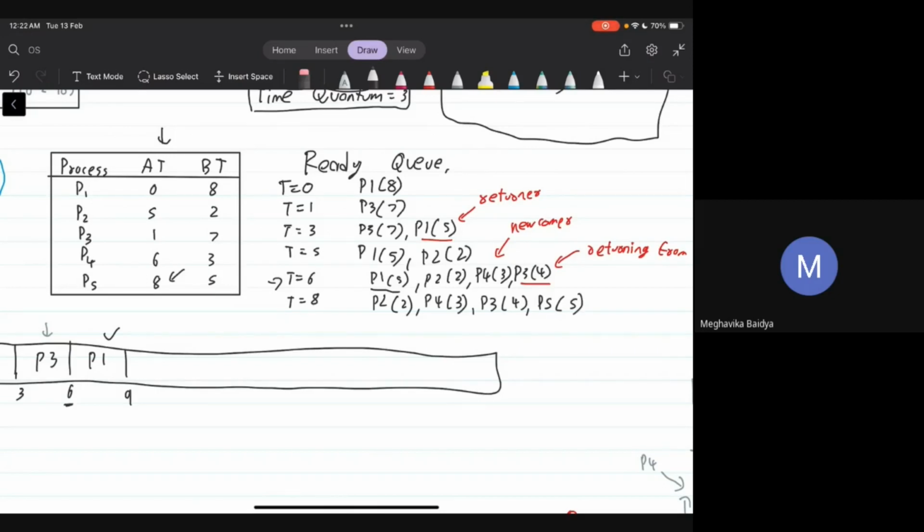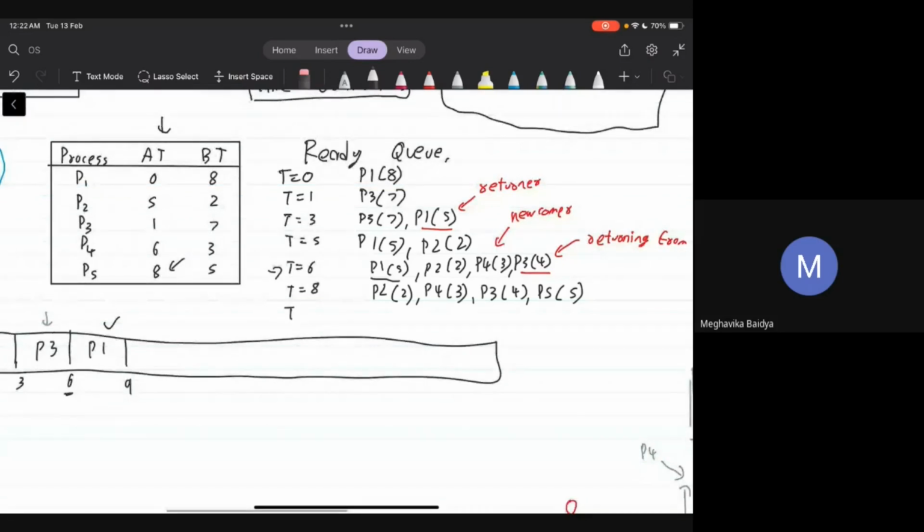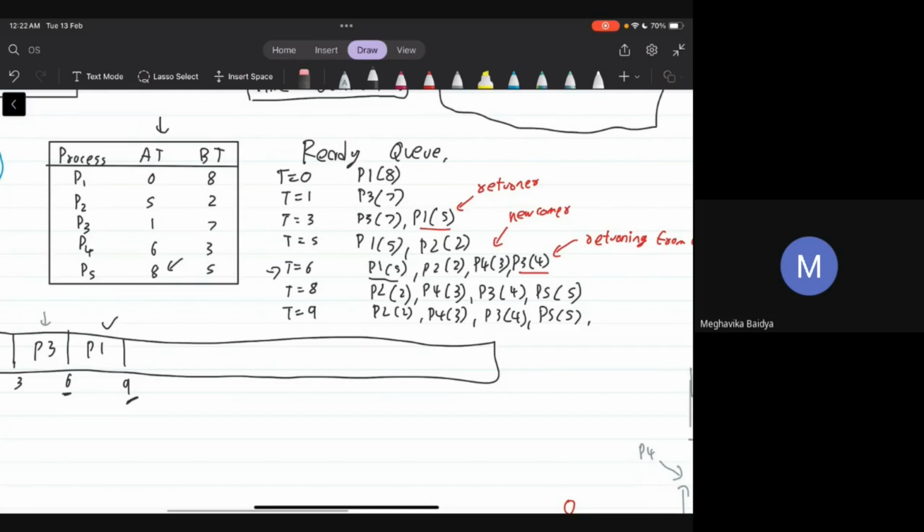And then at t equals 9, P1 is finished executing. So it will become P2 of 2, P4 of 3, P3 of 4, P5 of 5. And since P1 is returning from the CPU, it will stand at the last.